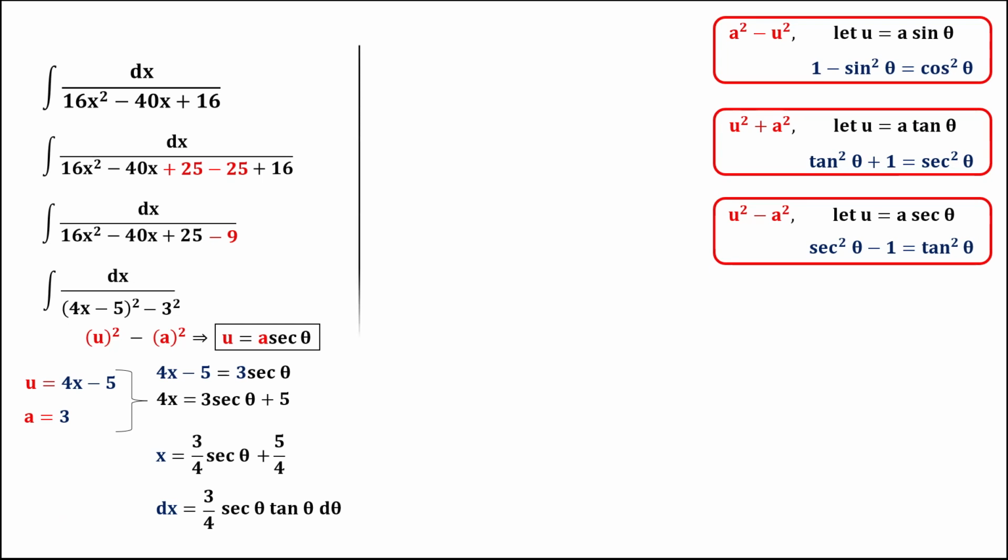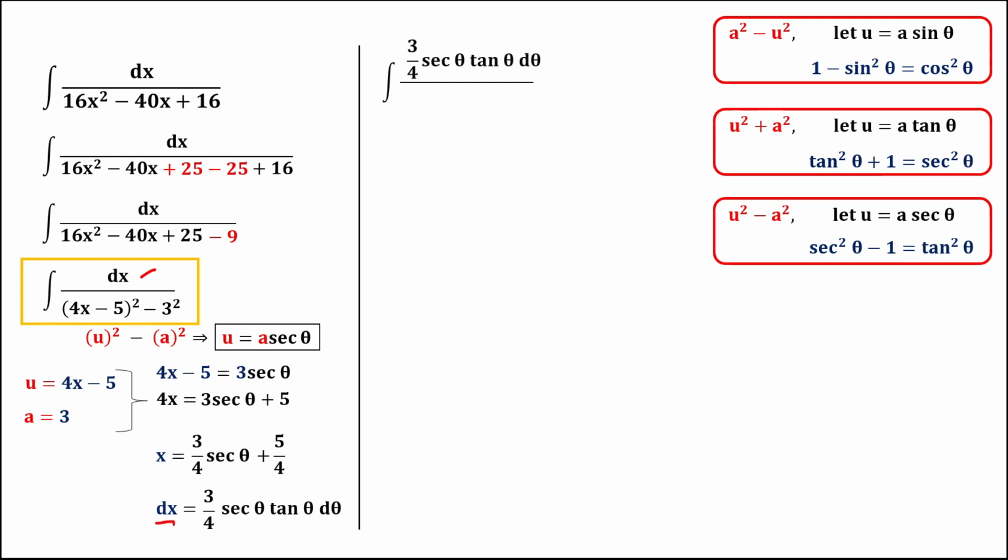Then we can apply now the trigonometric substitution from this equation. So first, dx is equal to 3 over 4 secant theta tangent theta d theta. Then for this 4x minus 5, 4x minus 5 is equal to 3 secant theta.